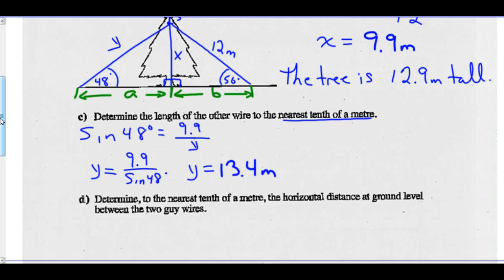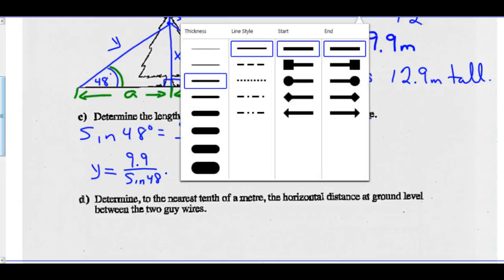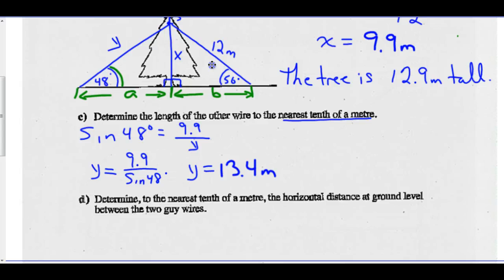So in my first triangle on the left, if I want to solve for A, from my reference angle of 48 degrees, it doesn't matter which side I look at because I had to find both the opposite side x and the hypotenuse y. But I'm looking for the adjacent side. So from 48 degrees, adjacent is A, hypotenuse is y.